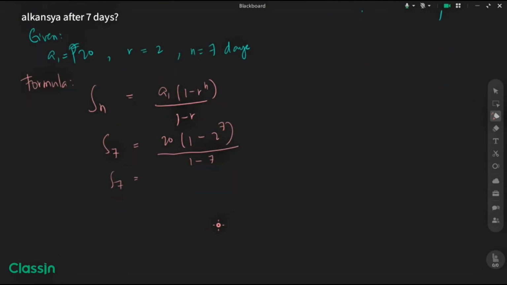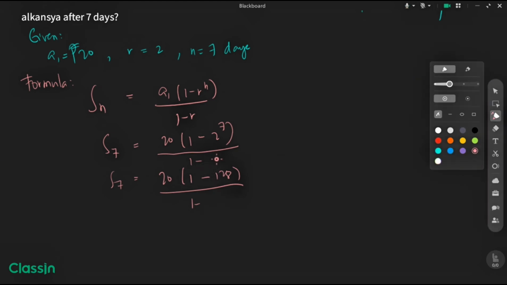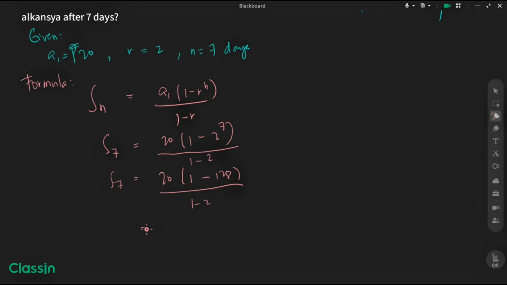So 2 raised to 7 is equal to 128. So we have here 20 times 1 minus 128 all over 1 minus 2. So 1 minus 128, we have negative 127, all over negative 1.